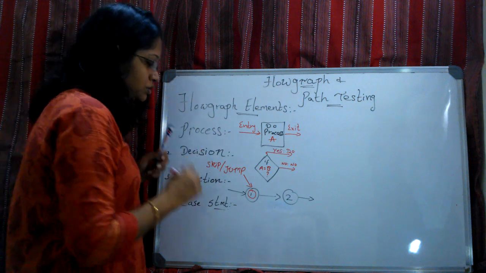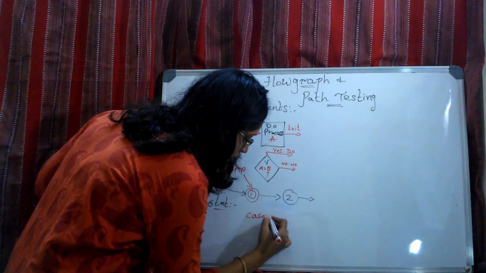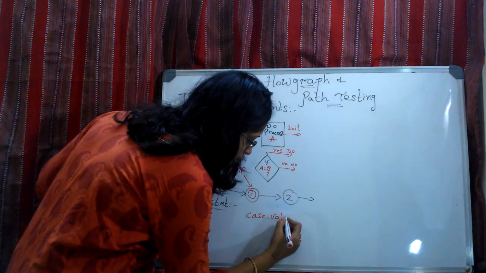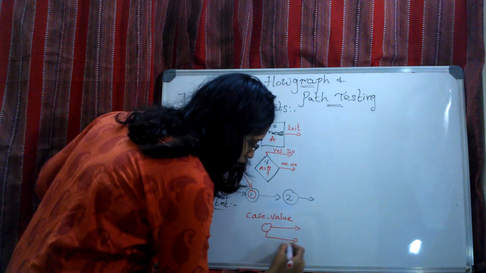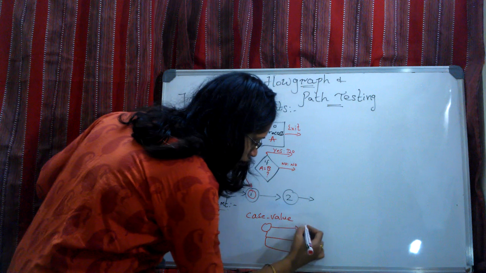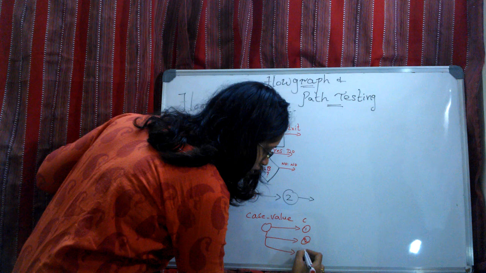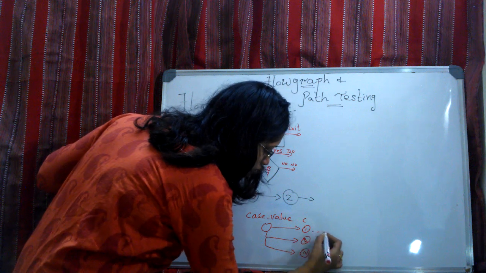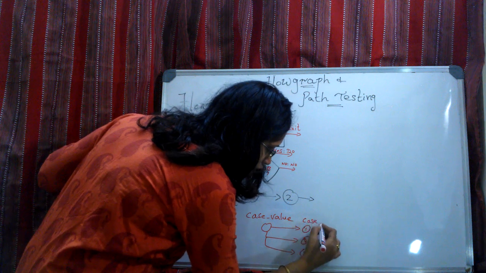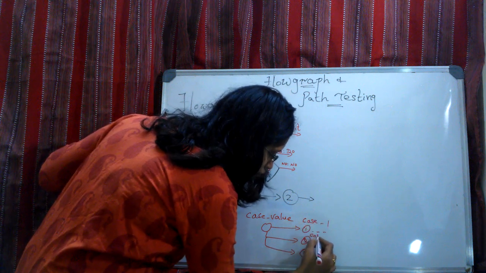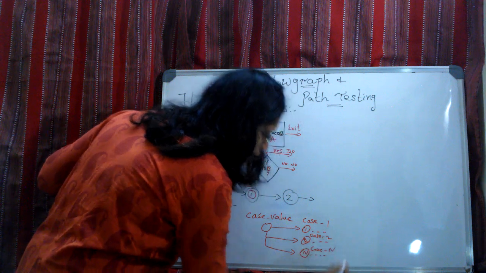In this case statement we are using some case values. For these case values you will have n different paths: case 1, case 2 and case n.